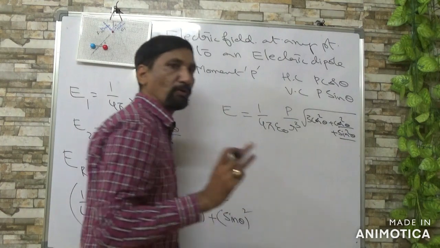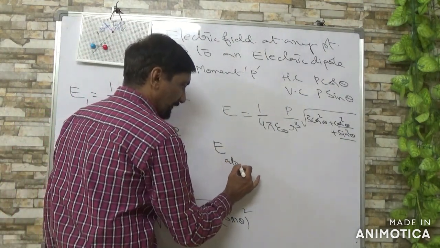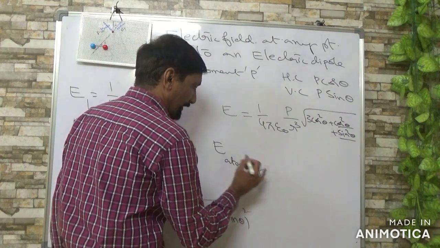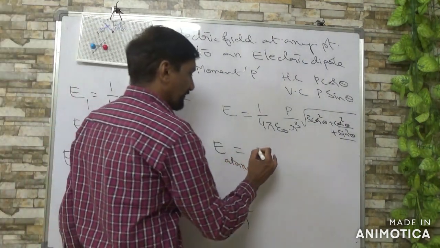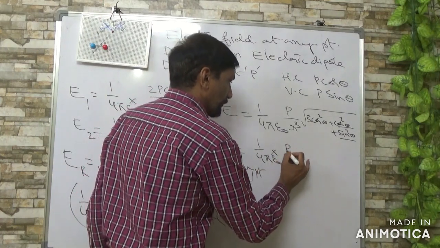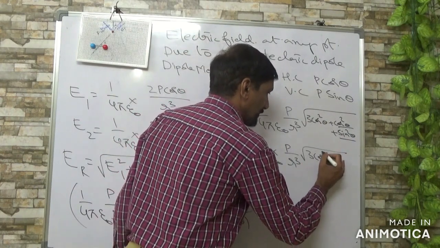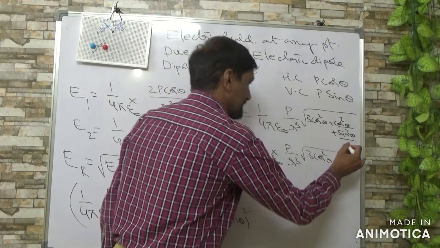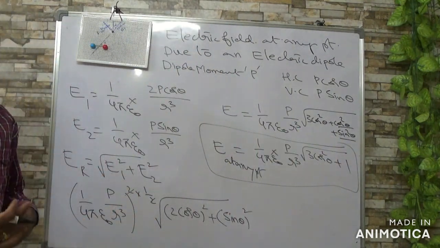Instead of this I can write 1. So the electric field strength at any point due to a dipole is 1 by 4 pi epsilon naught into p by r cube root over 3 cos square theta plus 1. So if you remember this formula, you can find it at any point.